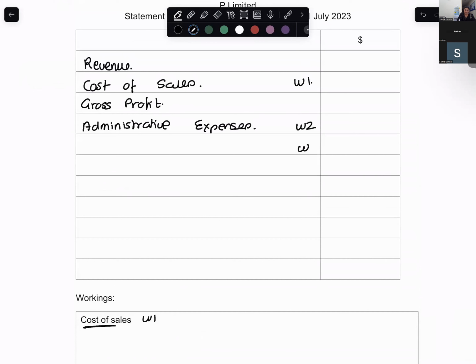So from administrative expenses, you'll do distribution costs. And then from distribution costs, you'll get some sort of profit, right? This profit is from the operations.